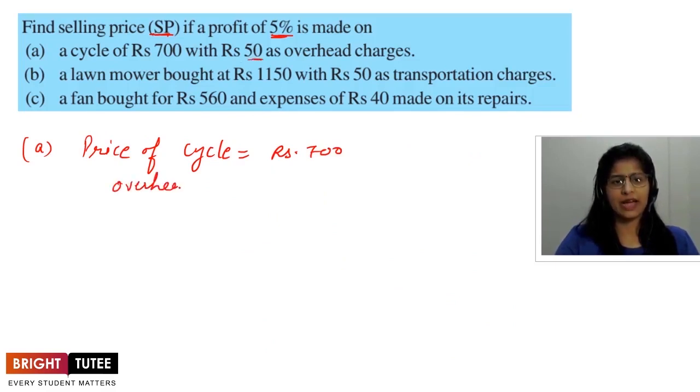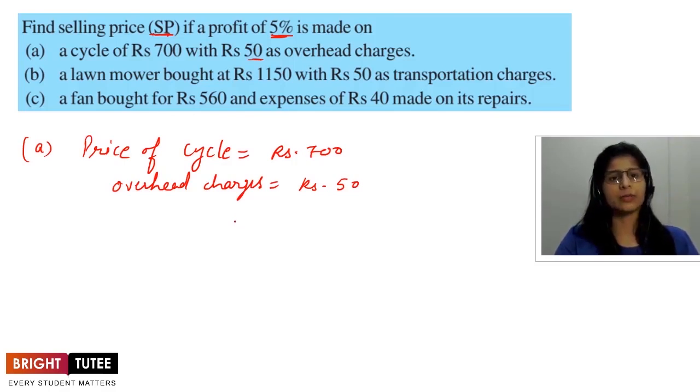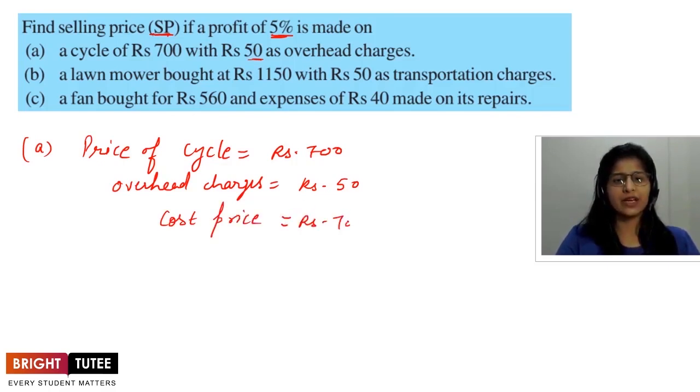So we will write overhead charges is rupees 50. So how much amount the bicycle, or I say the cycle, is with you? So we'll write cost price is equal to how much? Rupees 700 plus the overhead charges, that is rupees 50. So it is rupees 750.